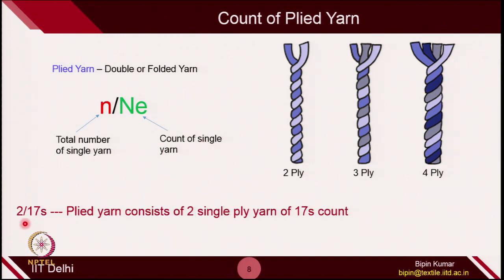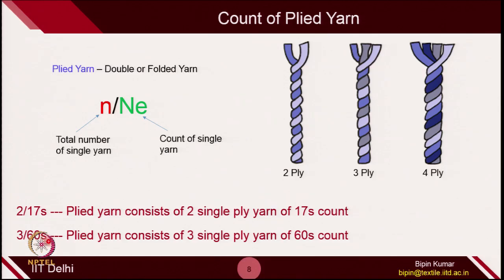For example, 2/70s shows plied yarn consisting of 2 single ply. So, 2 indicates 2 ply are twisted and each yarn has 70s count. S is the indication for English count, so 70s means 70 NE.